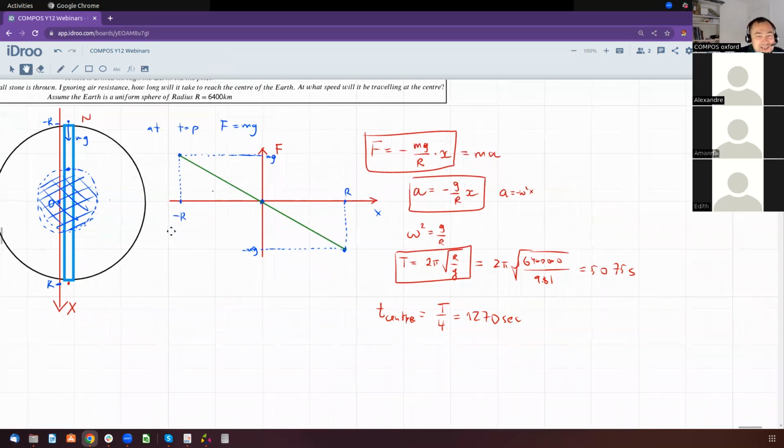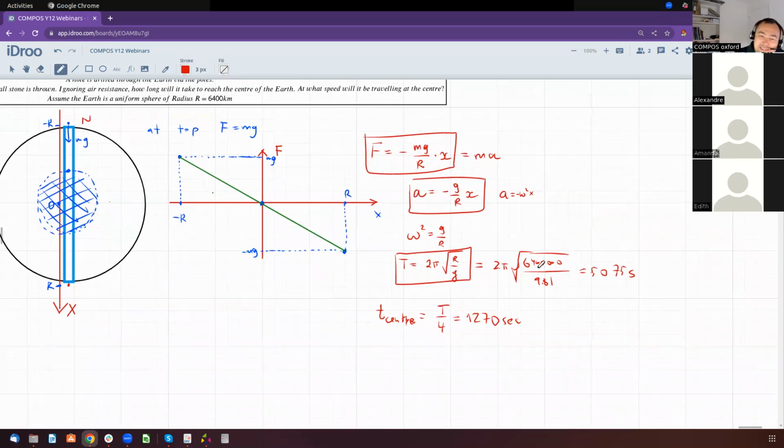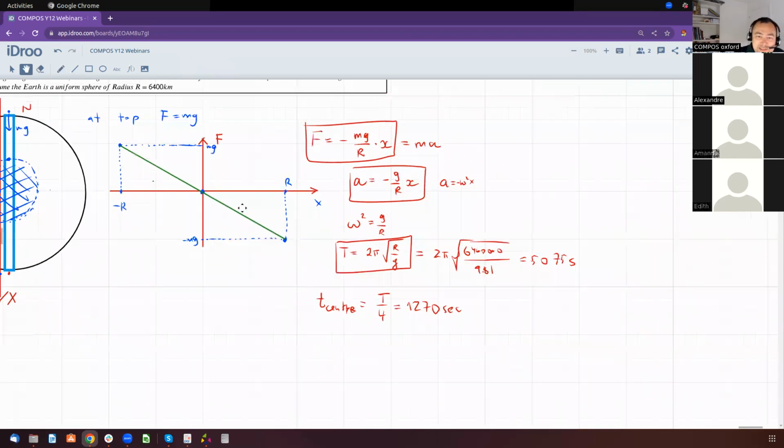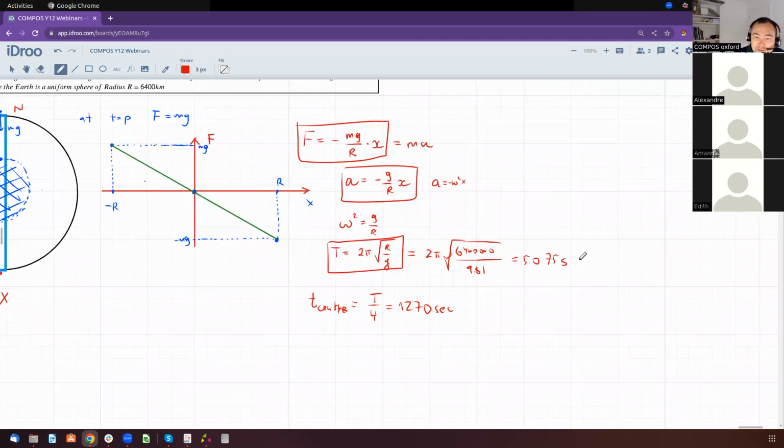How long does the whole cycle take? That's 5,075 seconds. 5,075 divided by 3,600, or 5,075 divided by 60, is 1 hour, 25 minutes.